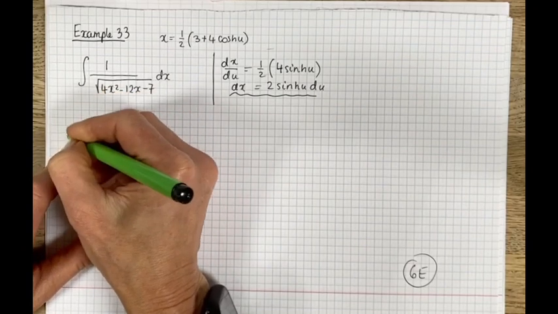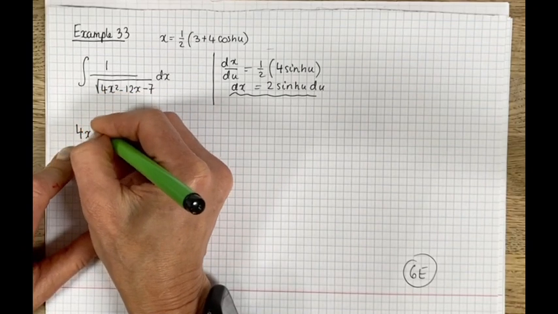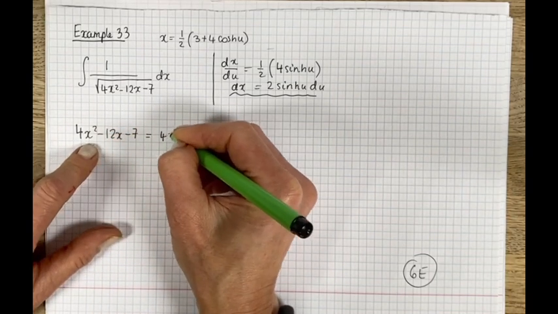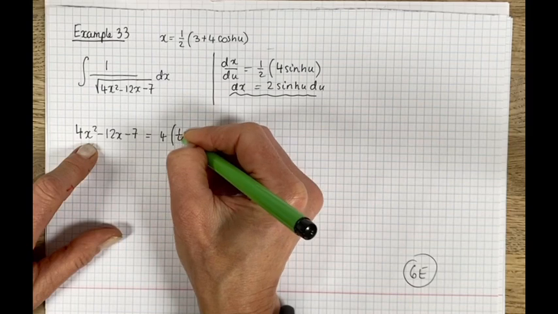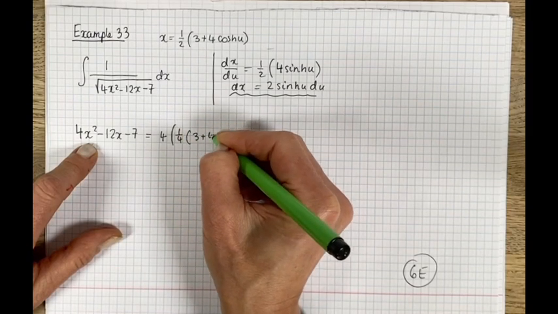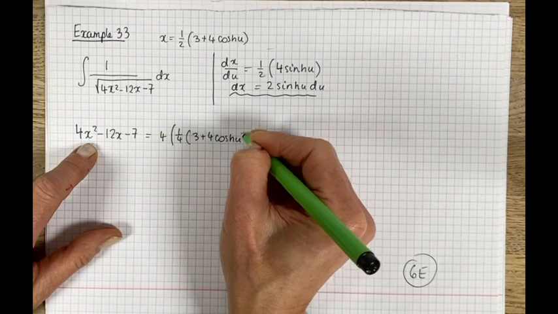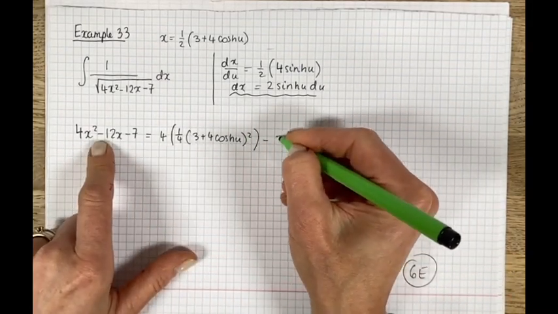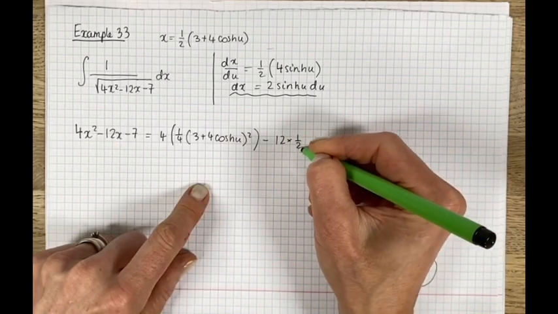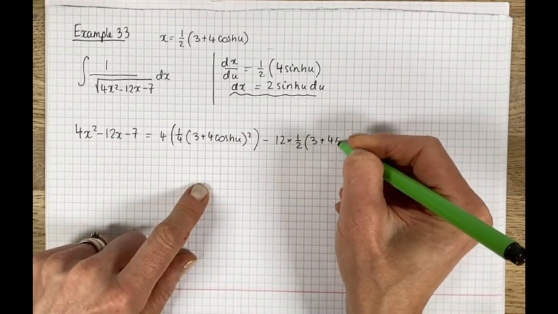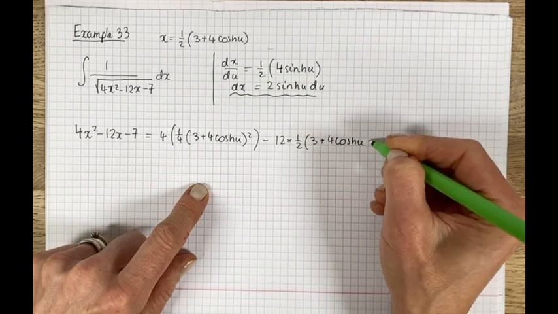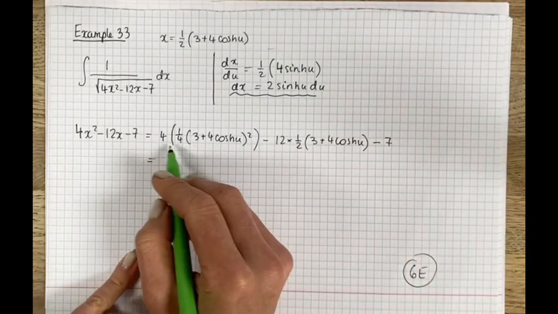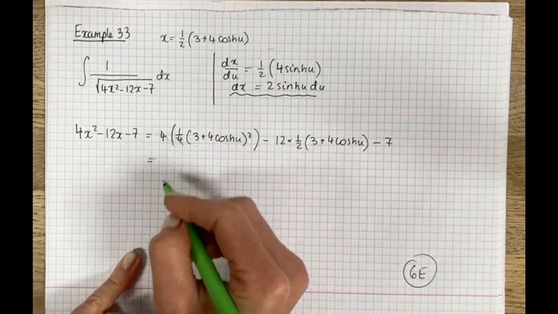Okay, so let's actually work on this substitution, 4x squared minus 12x minus 7. So it's 4 times a quarter times 3 plus 4 cosh u squared. I've squared my half straight away. Minus 12 times a half, 3 plus 4 cosh u. And then minus 7. Let's see what we get here. Multiplying this out, the 4 and a quarter cancel.